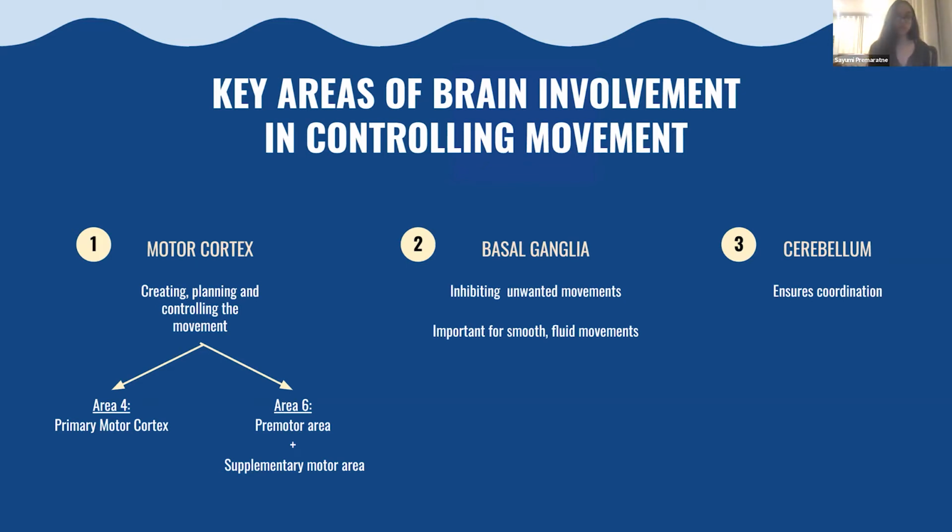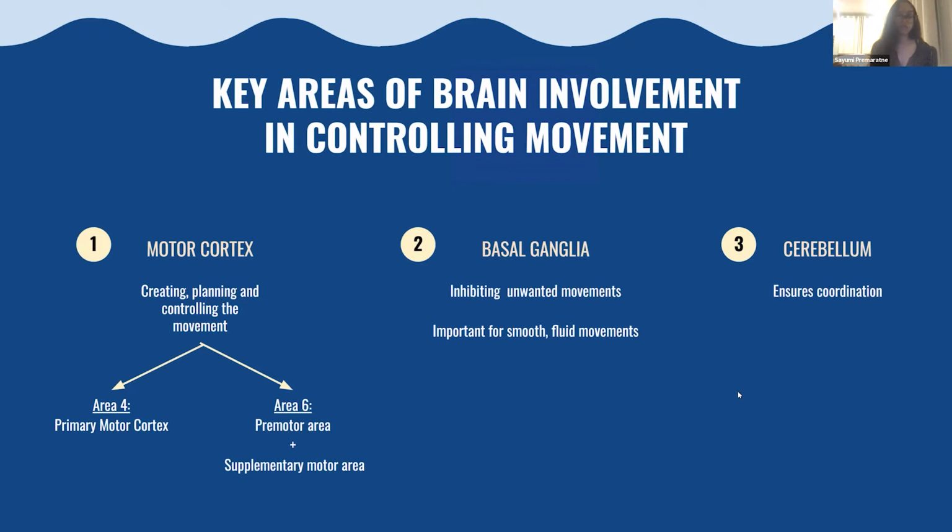So the motor cortex is more involved in creating and planning the actual movement, whereas the basal ganglia is more involved in inhibiting any unwanted movements. And that will help to allow the movements to be more smooth and fluid. And then the cerebellum is really important for the coordination of those movements.